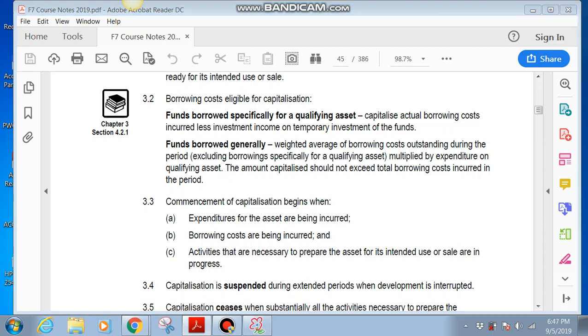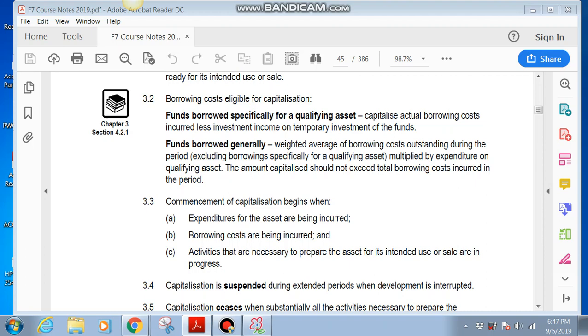Both borrowing costs borrowed specifically for qualifying assets should be capitalized to the extent.